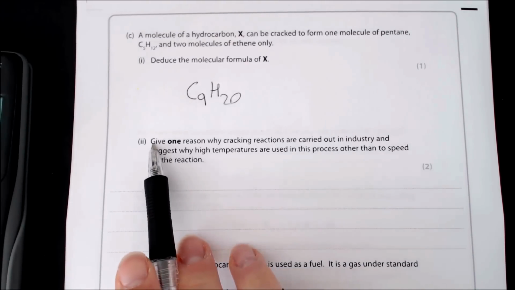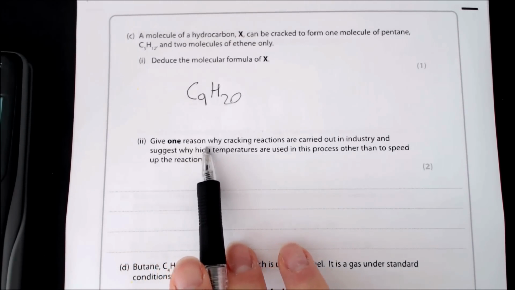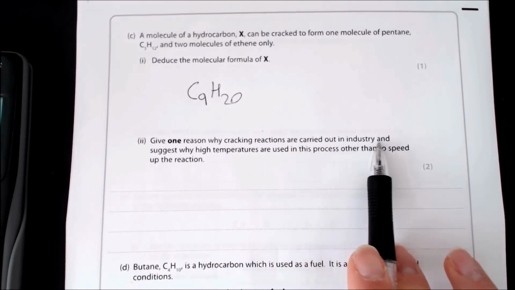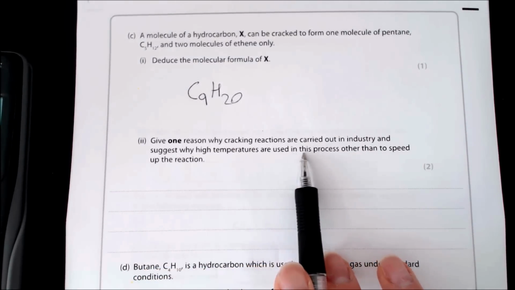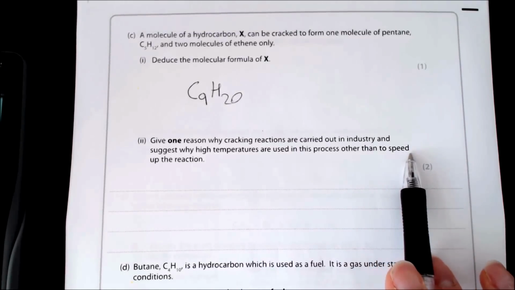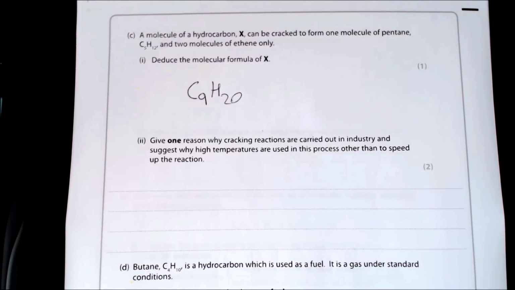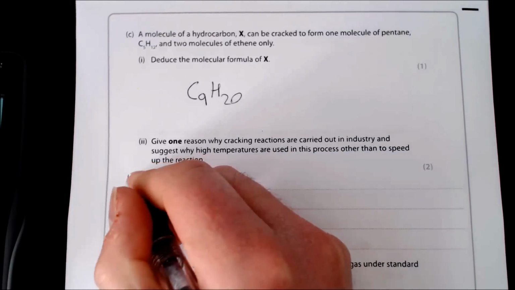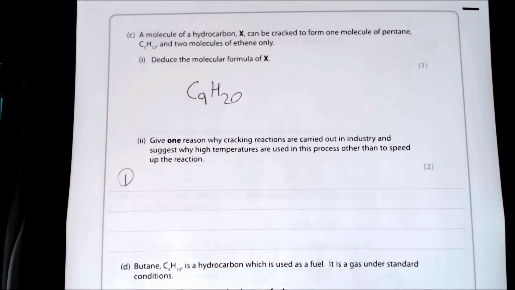Okay, so this is part 2. It says give one reason why cracking reactions are carried out in industry and suggest why high temperatures are used in this process other than to speed up the reaction. So the first thing I suppose we need to identify for the first mark is that we have a greater demand for shorter molecules.